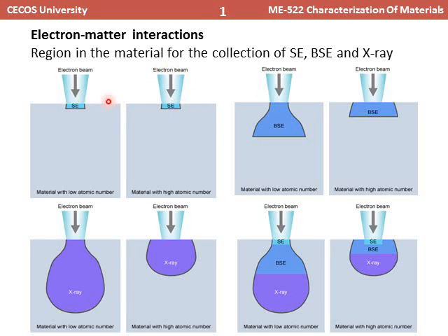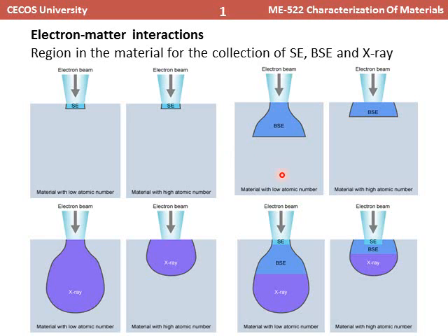So the depth of penetration in case of secondary electrons is the least important, because we are getting these secondary electrons only from the surface atoms. So either low atomic number or high atomic number, it doesn't matter in case of secondary electrons in principle.